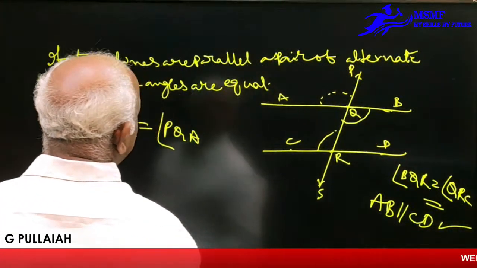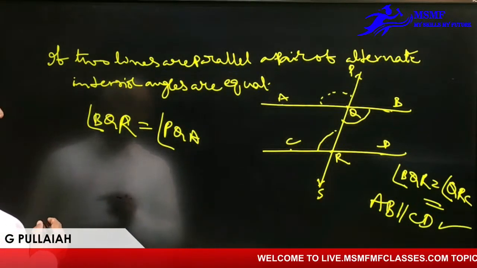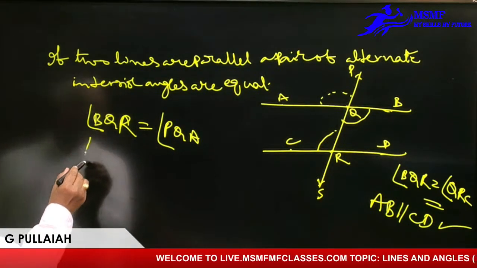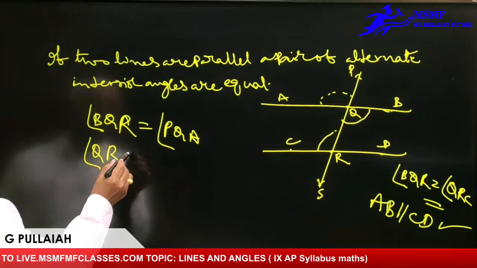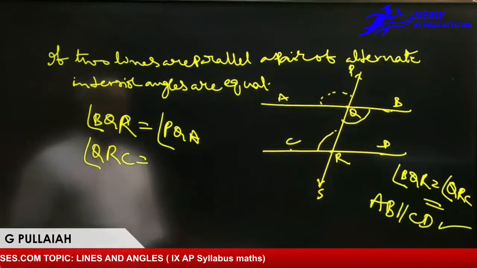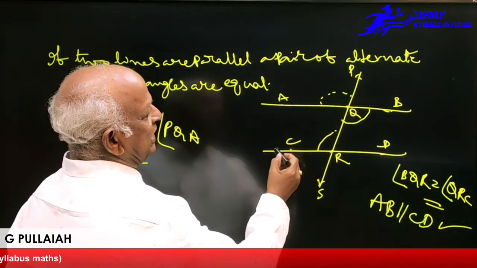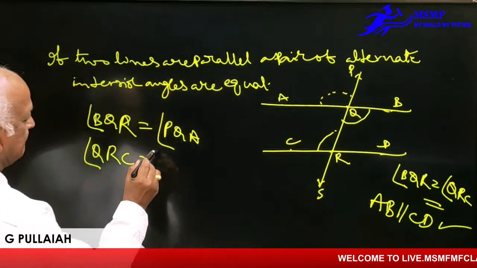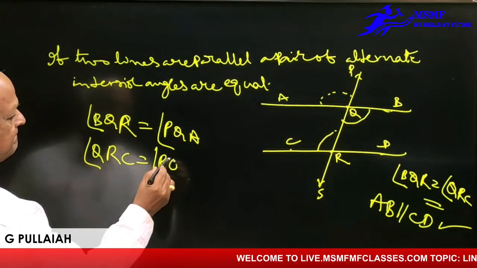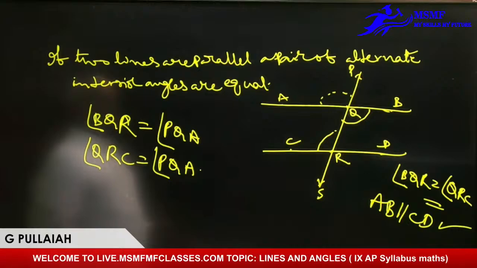So now again, if you think about it very carefully, I can say this. Let us take angle QRC. Angle QRC, I can say it is equal to angle PQA. It's also equal to angle PQA. Why?